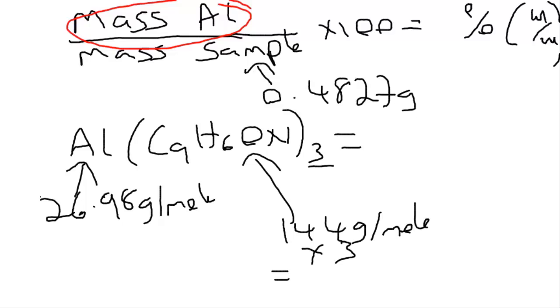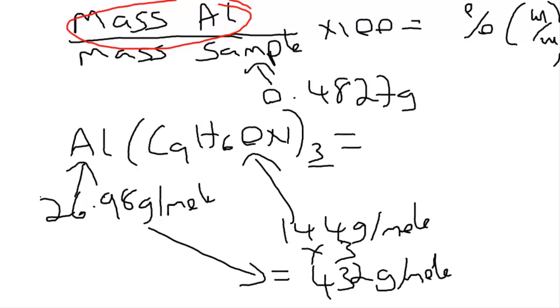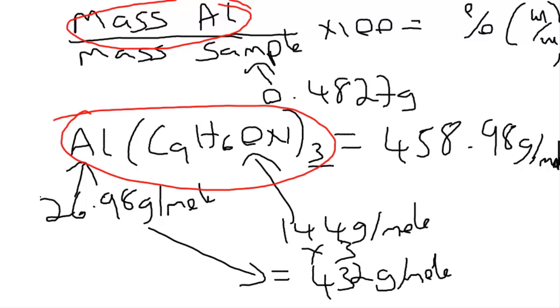That gives us 432 grams per mole. So we add those up. 432 plus 26.98, we end up with 458.98 grams per mole. So that's the formula weight for this whole compound.